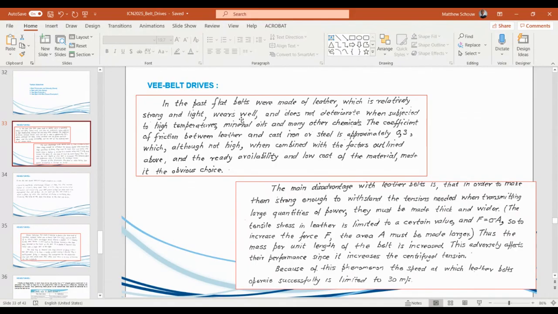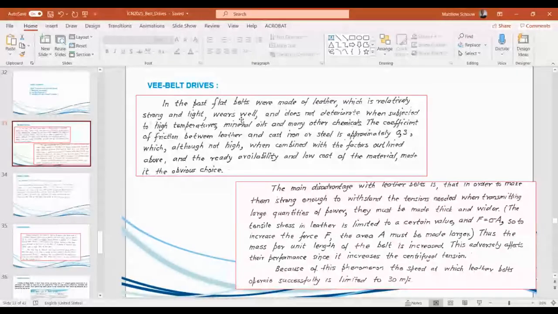However, the main disadvantage of leather belts is that in order to make them strong enough to withstand the tensions needed when transmitting large quantities of power, we're talking about in the megawatt range maybe, they must be made thick and wider. However, the tensile stress in the leather is limited to a value of stress times area. I left this part for later, so you have a bit of experience and can see the importance of what's happening here.